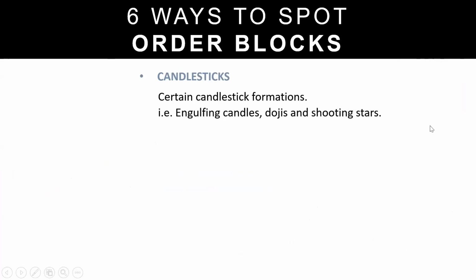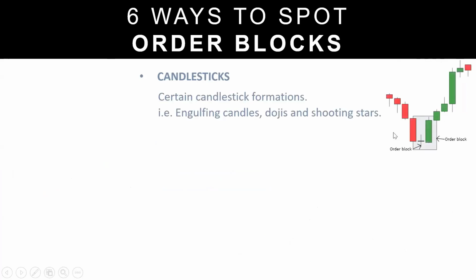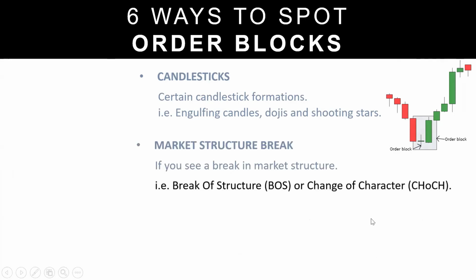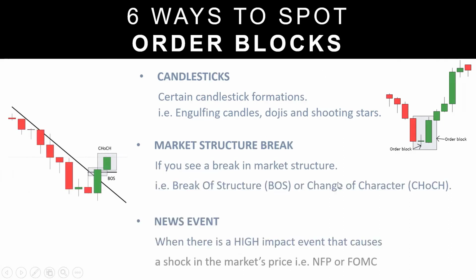Candlesticks, so certain candlestick formations, for example, engulfing candles, dojis, shooting stars. These are all levels of order blocks. Market structure break. If you see a break in market structure, for example, break of structure or change of character, news event that causes a shock in the market's price, such as NFP or FOMC.